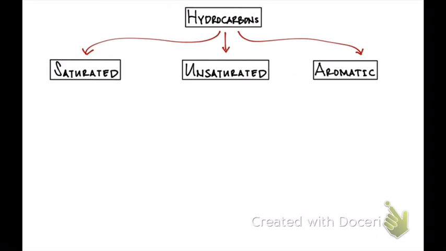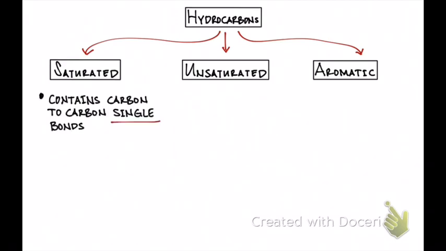By definition, a saturated hydrocarbon is an organic compound containing carbon-to-carbon single bonds only. So what does it mean by a single bond? When you look at a structural formula, a chemical structure such as the one shown here, the bonding between the two carbon atoms is represented by only a single line, this one in red.